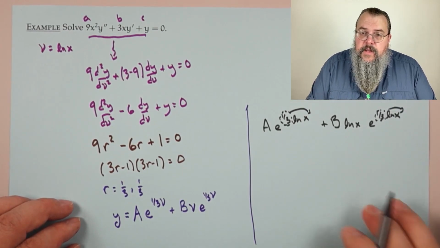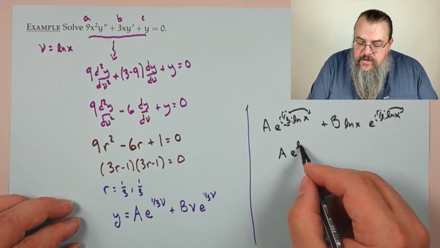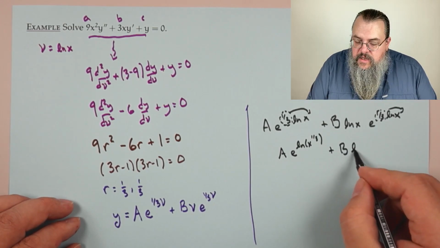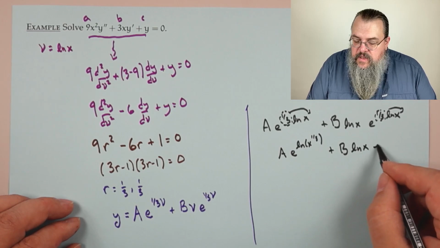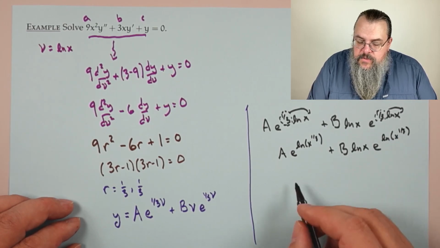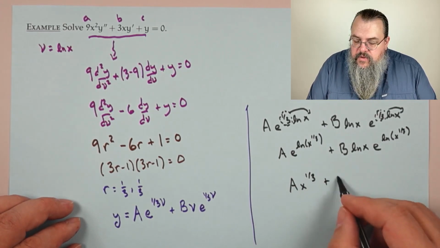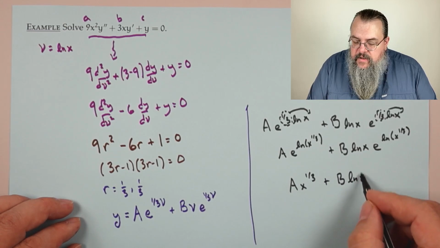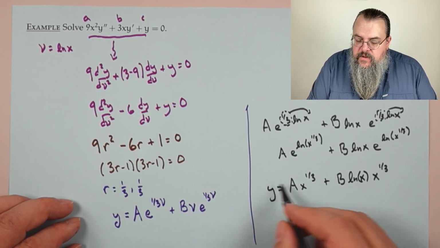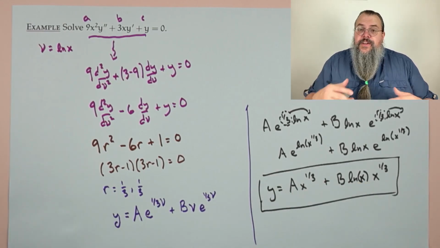And if we do that, we get a e natural log x to the 1/3 plus b natural log of x e natural log x to the 1/3, which becomes a x to the 1/3 plus b natural log of x times x to the 1/3. And so there is our solution.